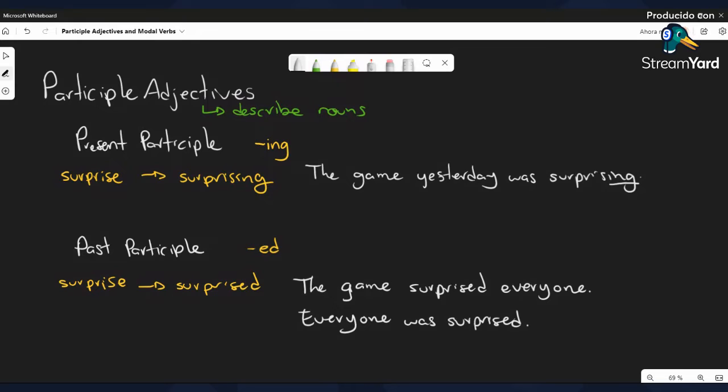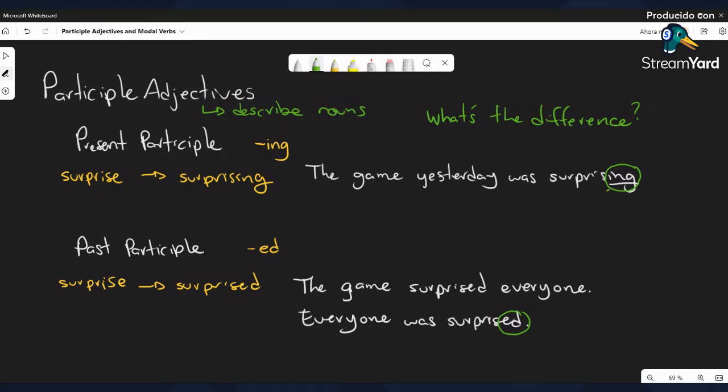You see, I'm describing something here. I'm going to circle it, right? The ending ing, and surprised with ed. So as you can see, I have surprising and surprised. But what is the difference? Let me write the question here. What's the difference? Probably if you have seen previous lessons, you will remember how to use it.